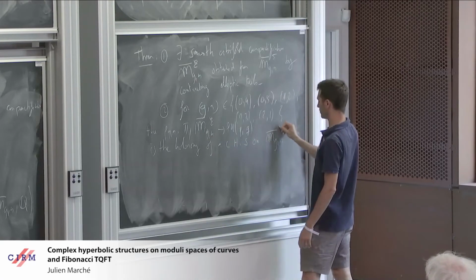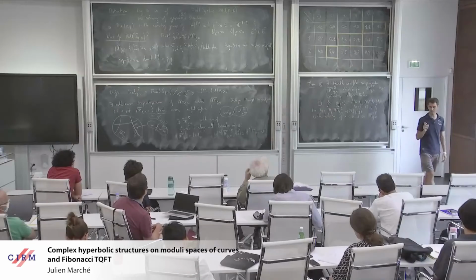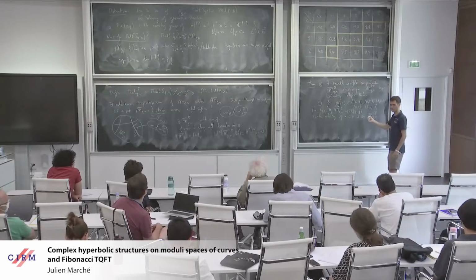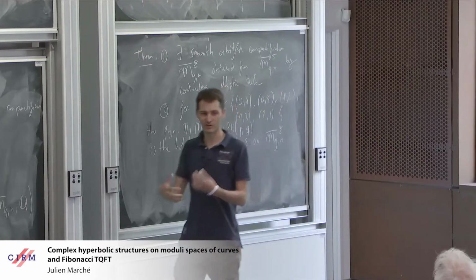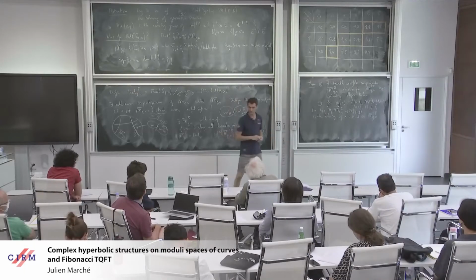And nothing else, okay? So exactly this space has a complex hyperbolic structure. So it gives interesting new examples of complex hyperbolic structures on moduli space.